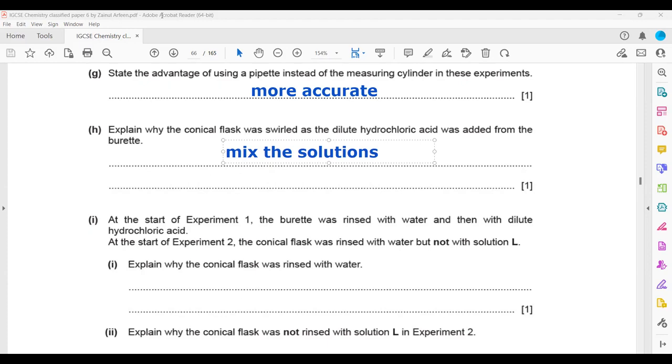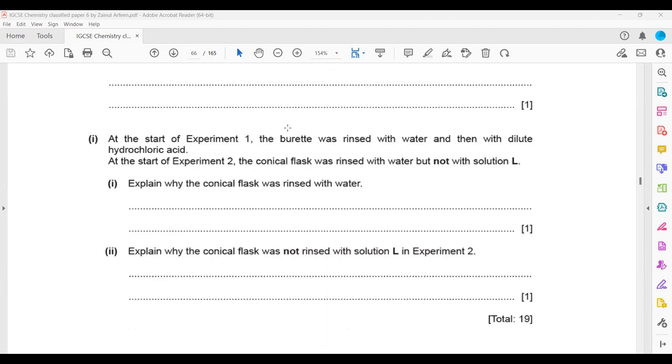At the start of experiment 1, the burette was rinsed with water, and then it is rinsed with hydrochloric acid. At the start of experiment 2, the conical flask was rinsed with water but not with solution L. Explain why the conical flask was rinsed with water.